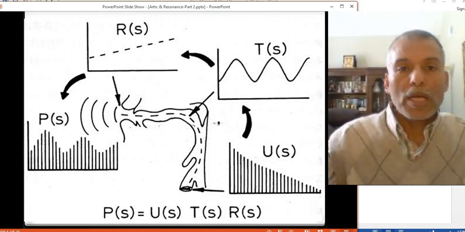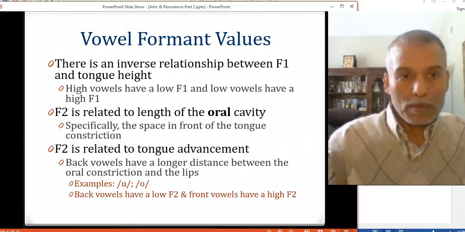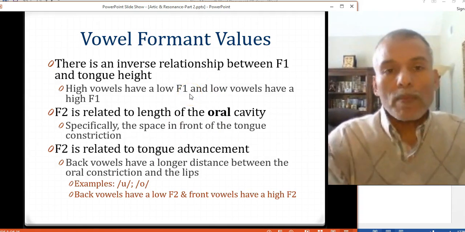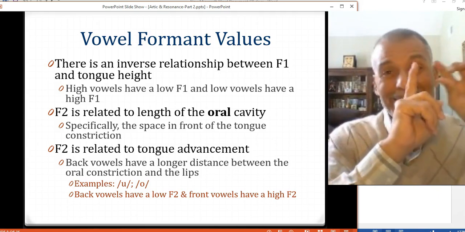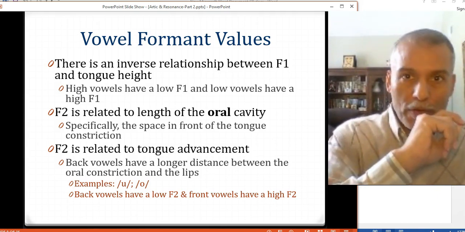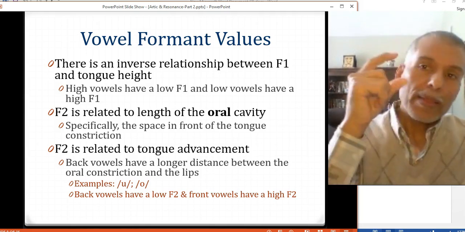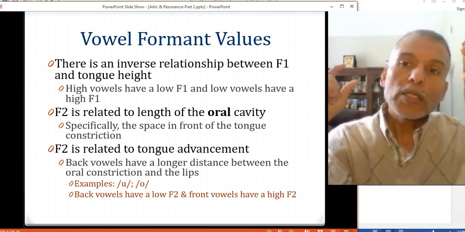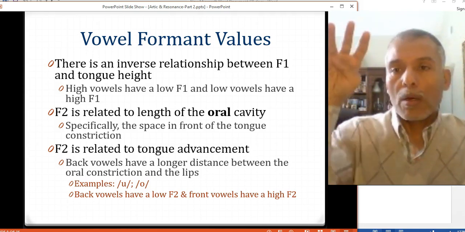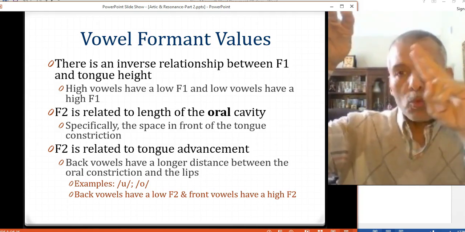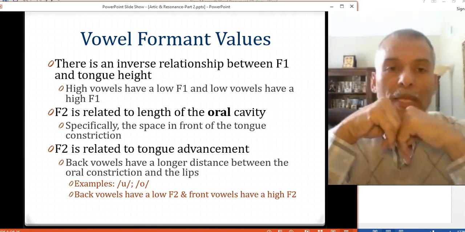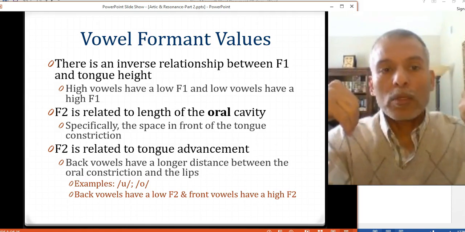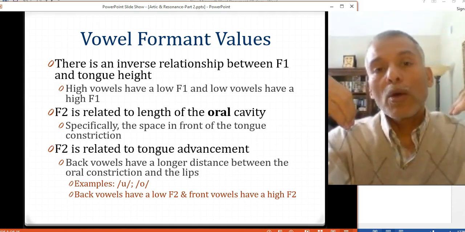We'll show the quadrilateral later. We have E and I, as in see and sit, up front, and then back we have U and O, as in pull and pole. So four high vowels. Two of them are high front, and two of them are high back. All of these vowels are going to have a low F1.